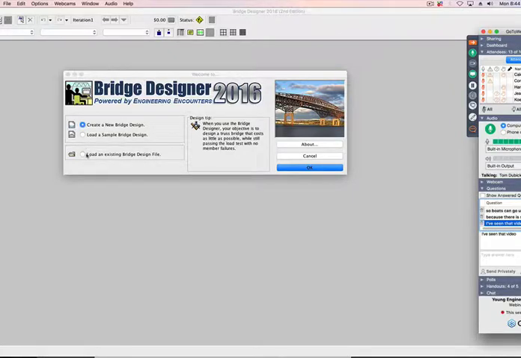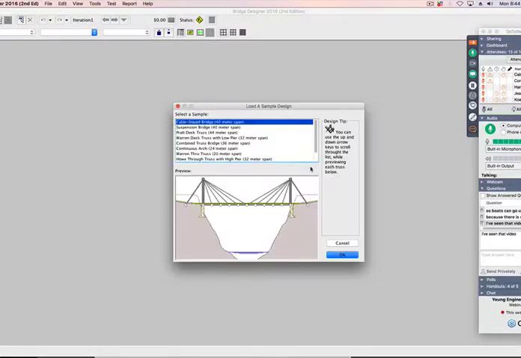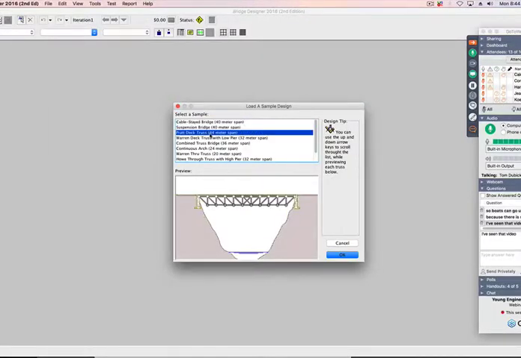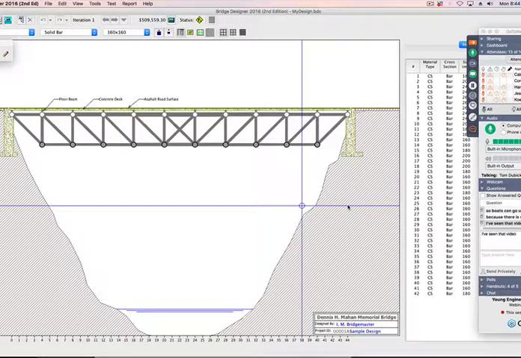All right, let's just do load to sample bridge design. Say OK. And then select the Brett Deck Truss. It's a classic. That should come up.